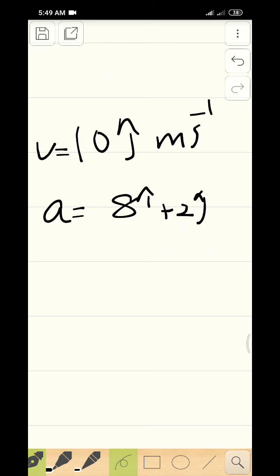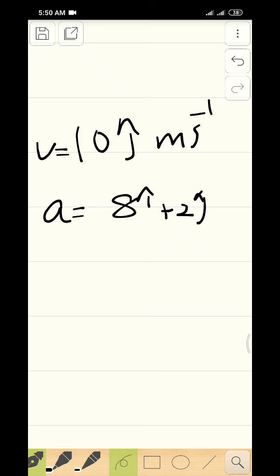So here the velocity value and the acceleration values are given, and the initial position was the origin. So you can say that R0, the initial position, is 0 i cap plus 0 j cap and 0 k cap.